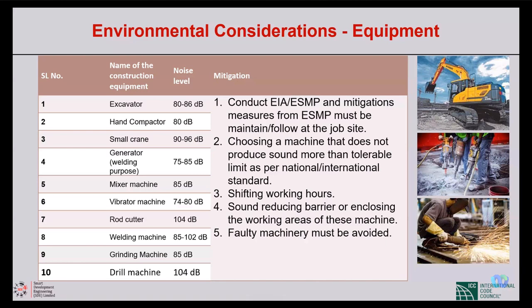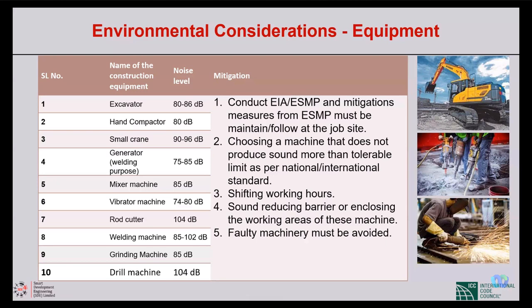So what do we do? The mitigation for this equipment when it is being used at construction sites. First of all, we are going to talk about EIA and ESMP later in our presentation, but let's just mention those names to you. Conduct EIA or ESMP, and the mitigation measures from the ESMP must be maintained or followed at the job site.